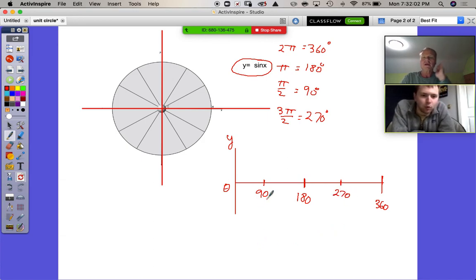All right, so guys, 1, 2, 3, 4, 5. There are 5 points. That's really all you need to graph this equation. This is what we're graphing. Now, if you remember, the sine is the distance you are away from the x-axis. All these represent a height from this axis.